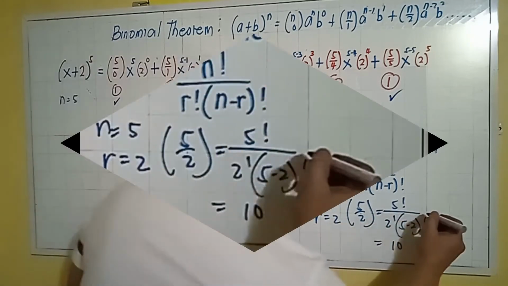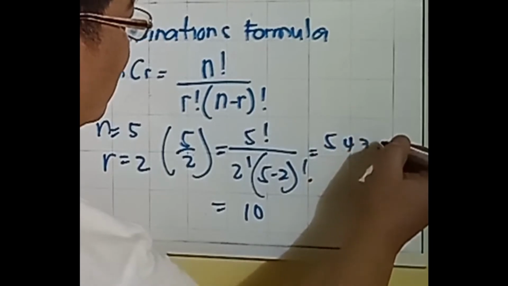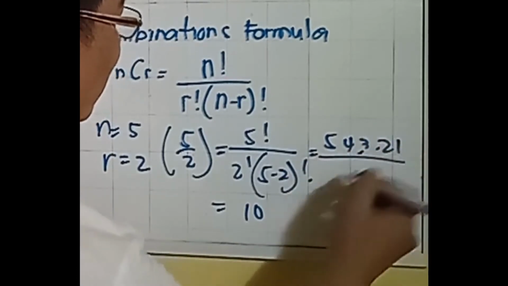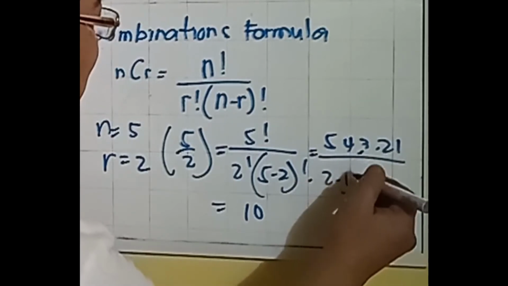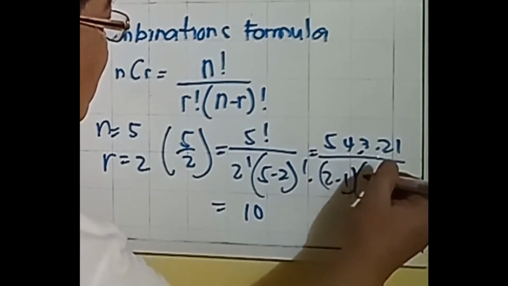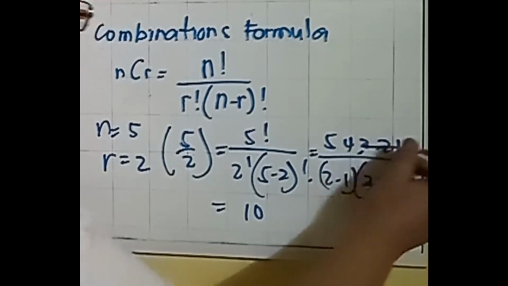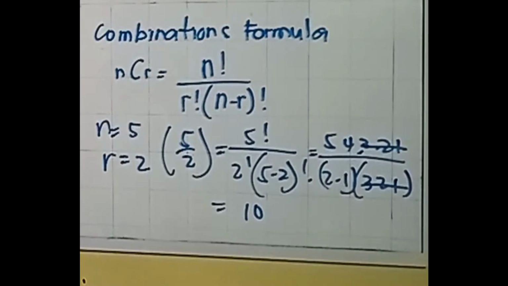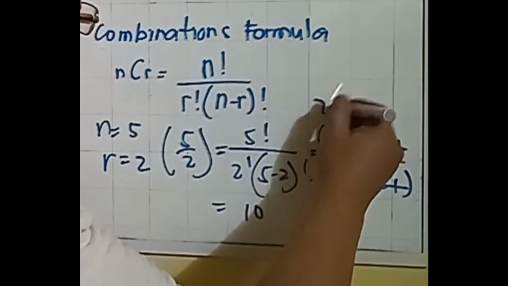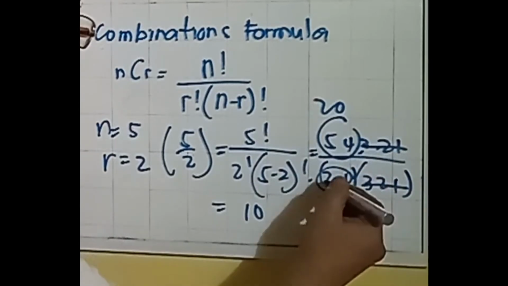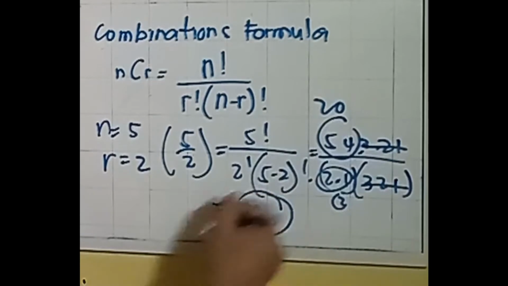Or we can say 5, 4, 3, 2, 1 divided by 2 factorial, 2 times 1, times 3, 2, 1, and then cancel yung 3, 2, 1. What is left is 5 times 4, 20. 2 times 1 is 2. 20 divided by 2, that is equal to 10.